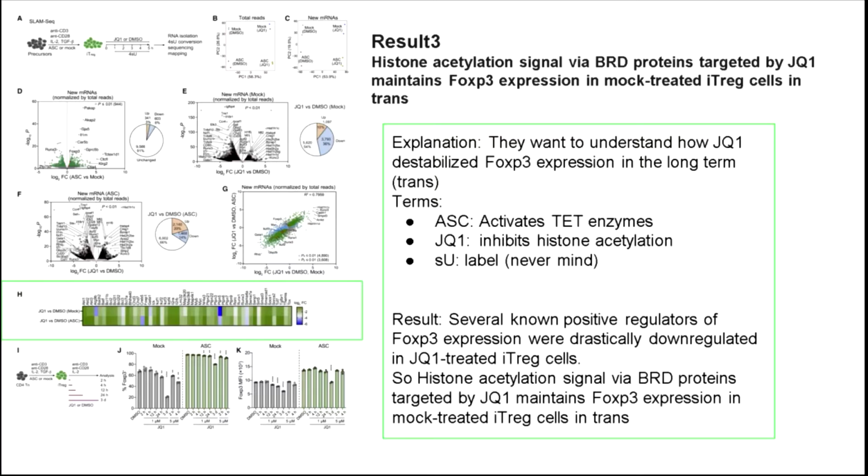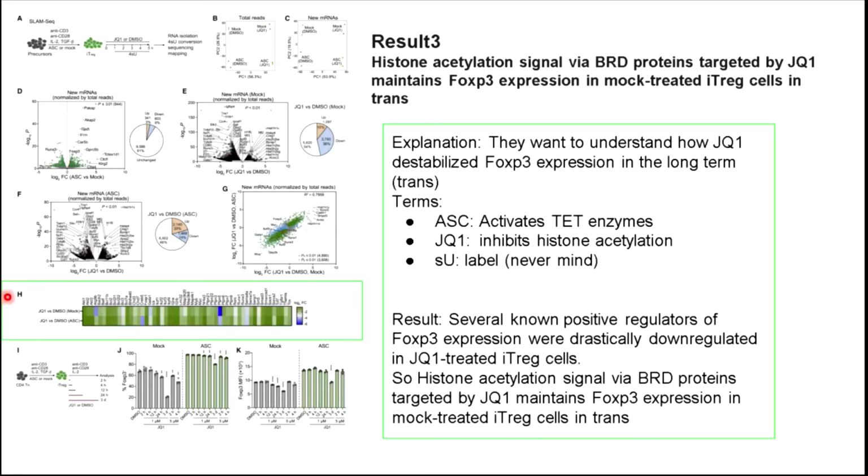So let's keep going. To understand how JQ1 destabilizes Foxp3 expression in the long term, they checked genes which are downregulated in JQ1 treated iTreg cells.